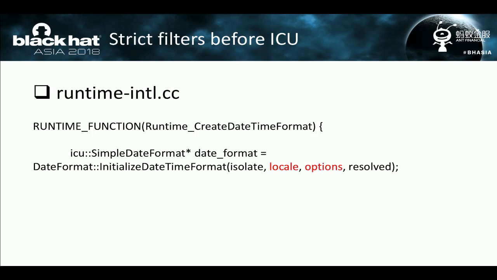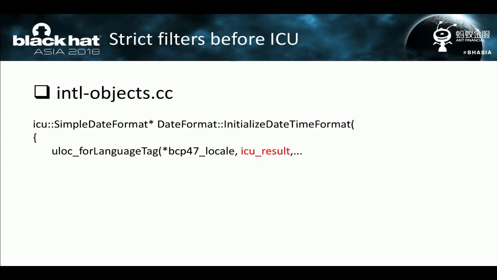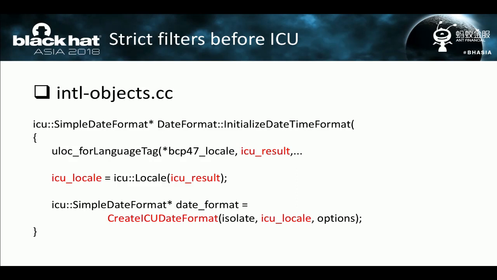After the locale and options have been filtered, they will be passed to the runtime CreateDateTimeFormat function, which is a C++ function, which will call the InitializeDateTimeFormat function to create a SimpleDateFormat. In InitializeDateTimeFormat, it first converts from the locale to ICU result bytes, then CreateICUDateTimeFormat is called.